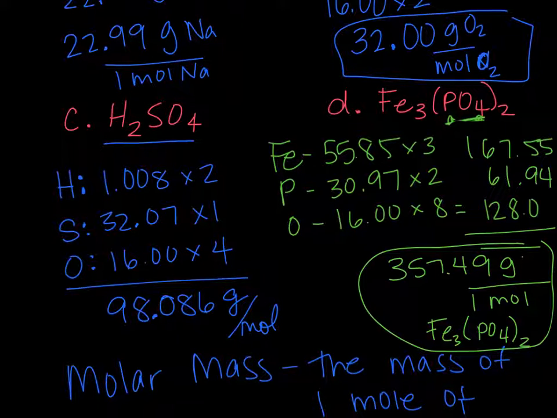All right. So let's look at molar mass real quick. Okay, so molar mass has the units grams per mole, so we're just going to use the molar mass for CO2.